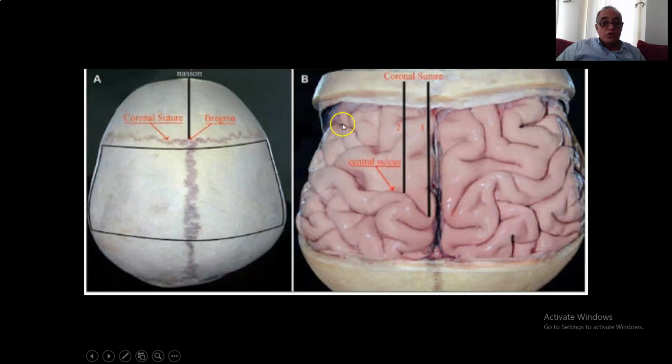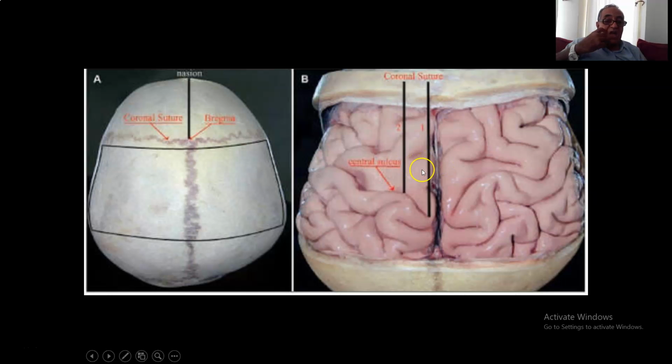And this is a view to show you the relation and to identify the motor area intraoperatively. It is very important. The distance between the central sulcus and the coronal suture near the midline was 6 centimeters in this case, and a bit laterally was 5 centimeters because it goes a bit anteriorly. What is present in front of the central sulcus is the motor area.